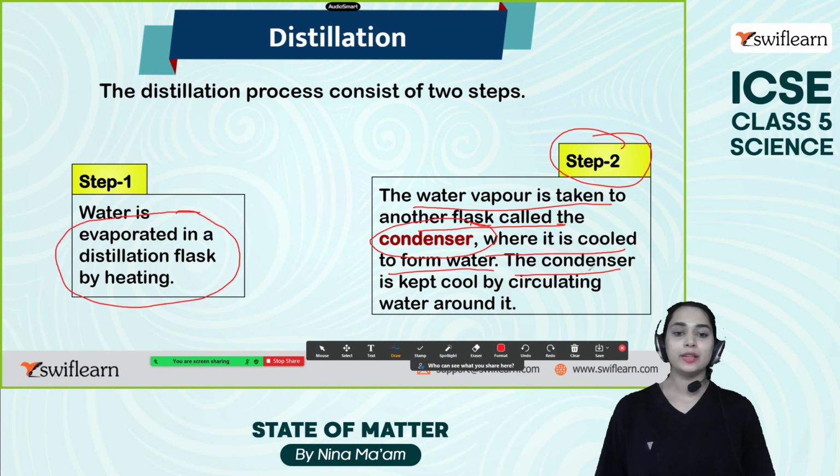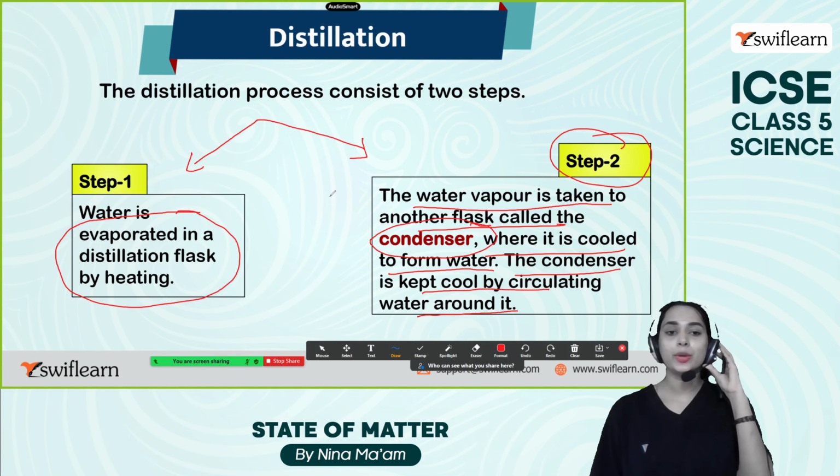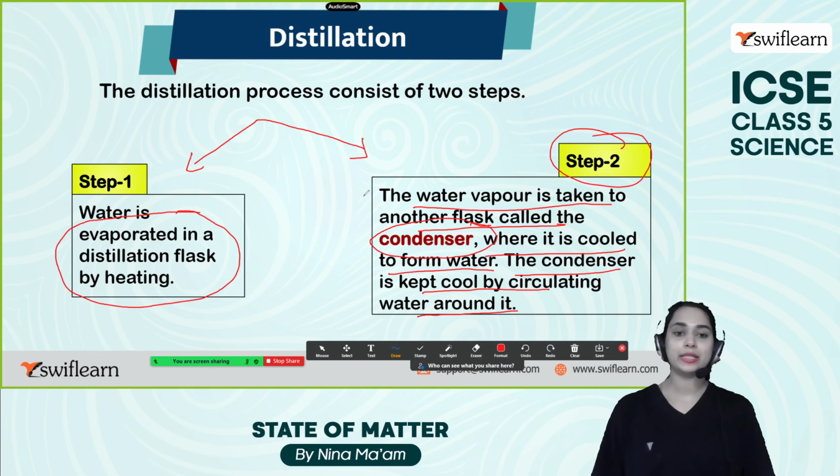The condenser is kept cool by circulating water around it. So these are the two steps included in distillation. The first one is water is evaporated in the distillation flask by heating. We will heat the flask first. And the next one is the water vapor is taken into another flask called the condenser, where it is cooled to form water.